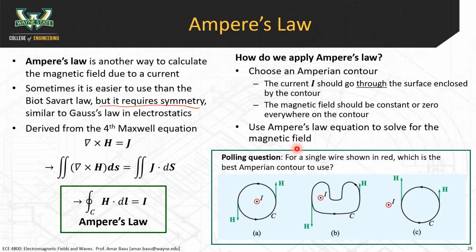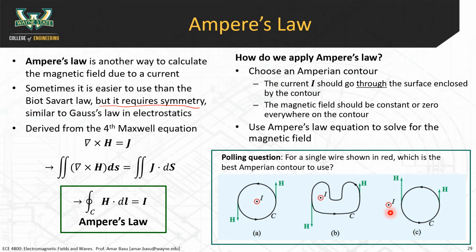Let me describe what we have here. When choosing an Amperian contour, you start off with some kind of current distribution. Just imagine that in this example we have current going through a wire, a single wire that's shown in red. You see where this red circle is. That means that the current is going out of the screen.